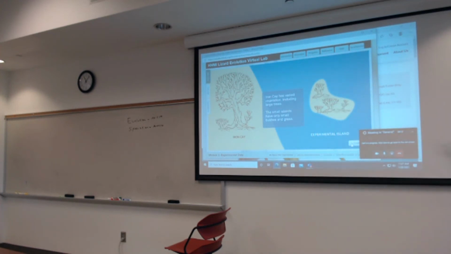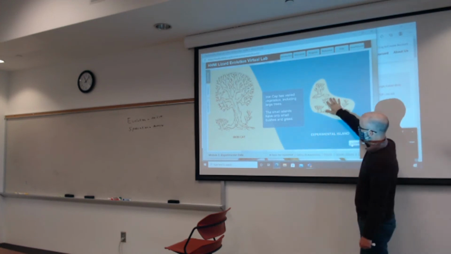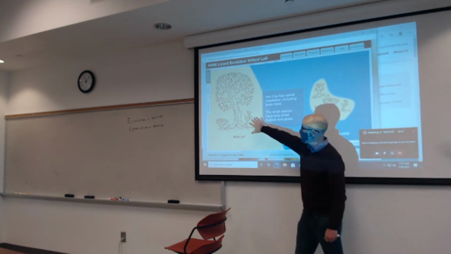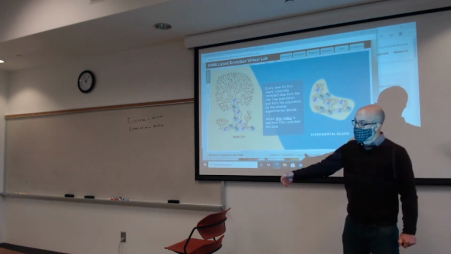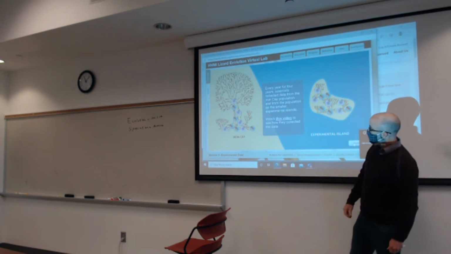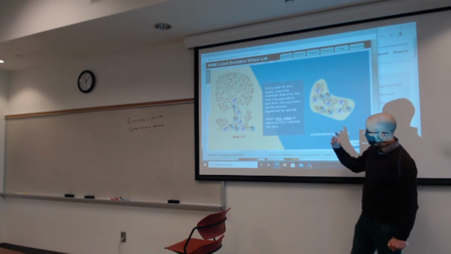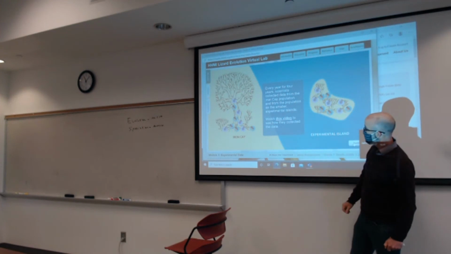Key point of this, a couple key points. One, there were no anoles here. The anoles were transplanted, okay? Allow a couple of generations. So for 4 years, they go to these islands and measure the leg length on these new islands.